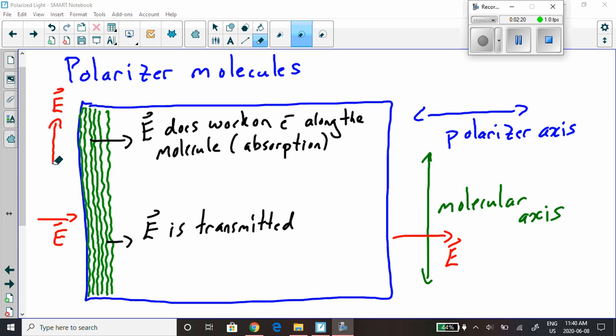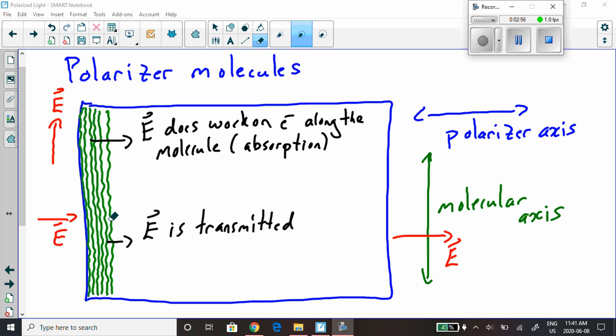If you've got light with an electric field of this orientation coming in, it will hit one of these long molecules and cause electrons to move up and down the molecule because there's freedom to do that. So the electric field does work on an electron along the molecule, and we can say that it has been absorbed.